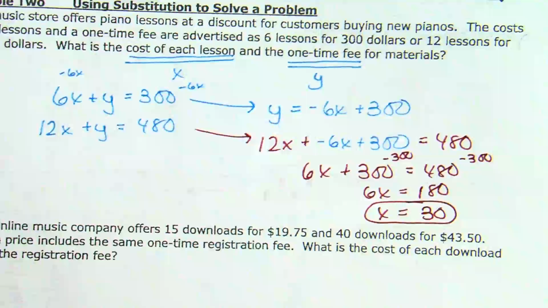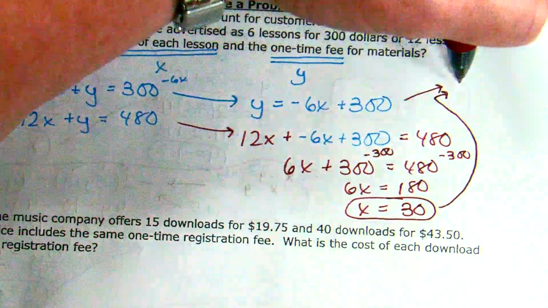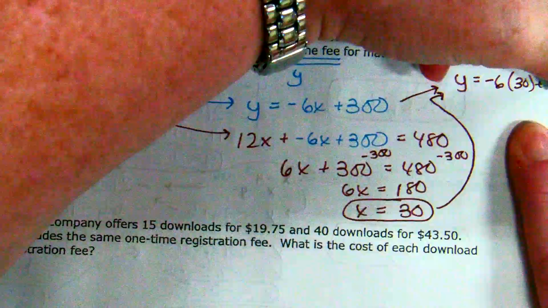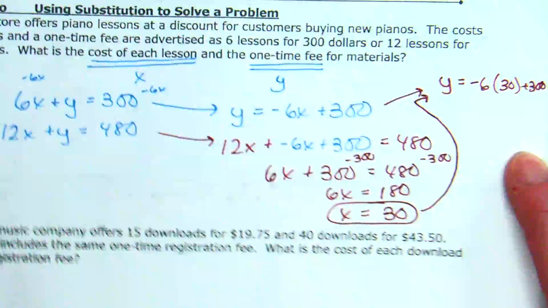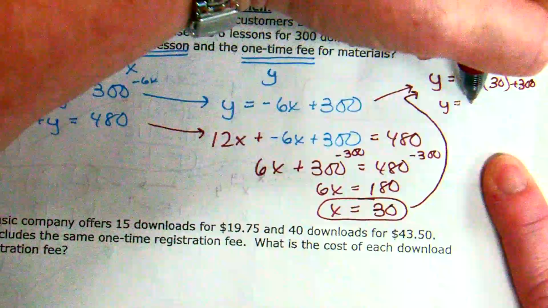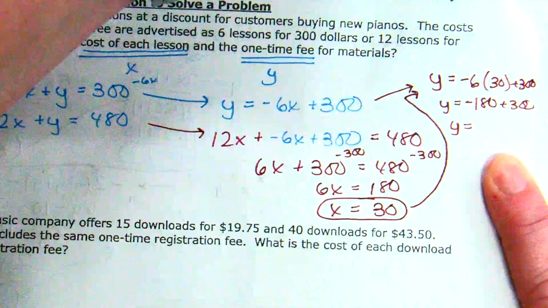If x is 30, what else do you know? Plug that 30 back in to find y. So negative 6 times 30 plus 300. Negative 180 plus 300 is something. What is negative 180 plus 300? 120.